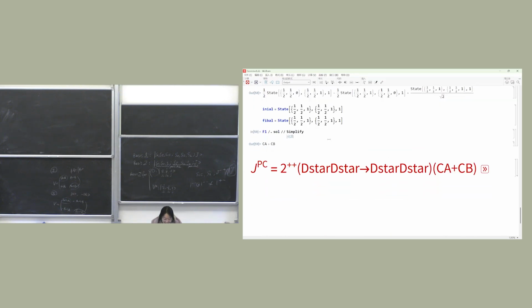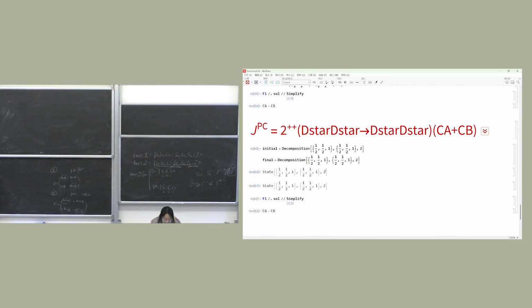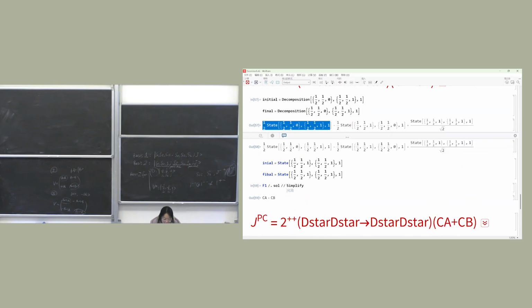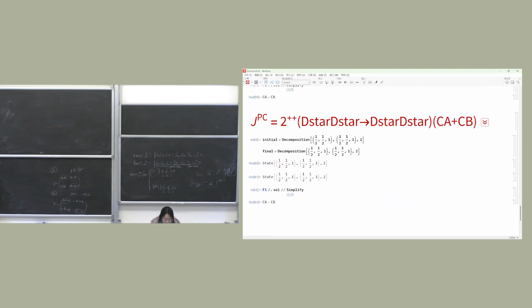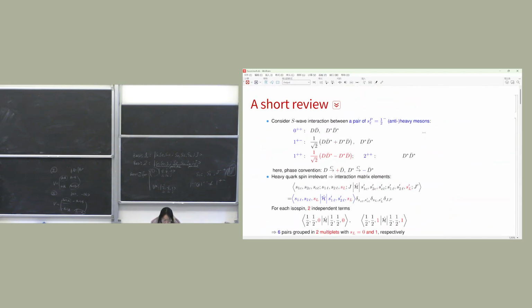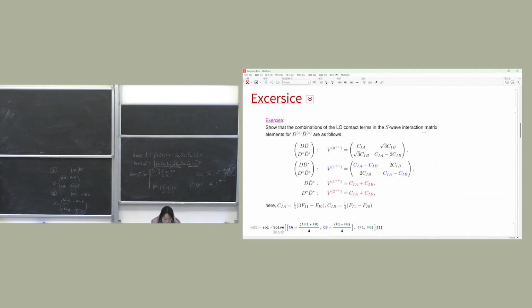And the same circumstances also happen for J^PC equals 2^++. And we found that for these two systems, 1^++ and 2^++, the potential is the same. So the final result is just here. Any question?